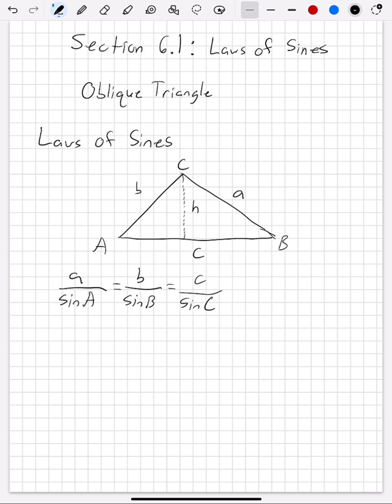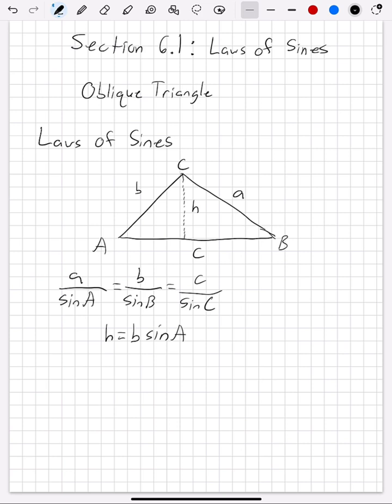And then our height, h, can be found by taking the b side and multiplying it by the sine of A. We're going to let A control our angle, so A kind of dictates if we have an obtuse or an acute triangle.